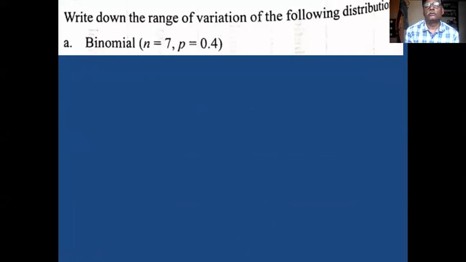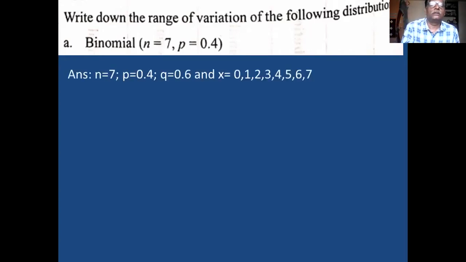What is the range of variation? Range of variate means the expected value of X. So the expected value of X may be 0 to 7. N is 7, so expectation may be from 0 to 7.